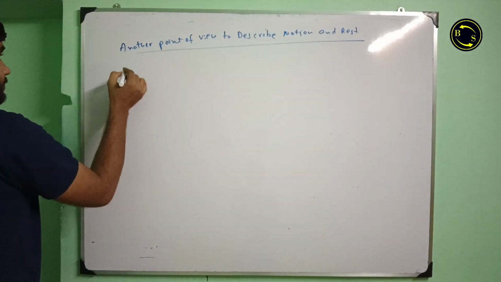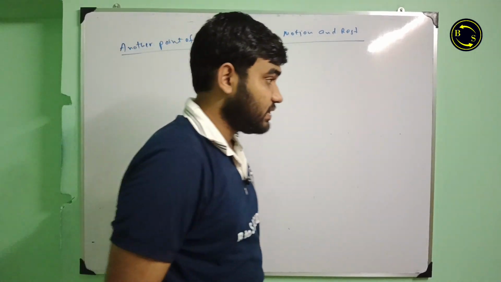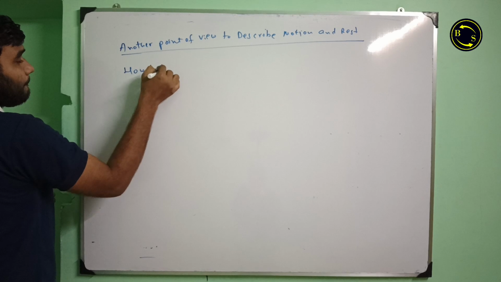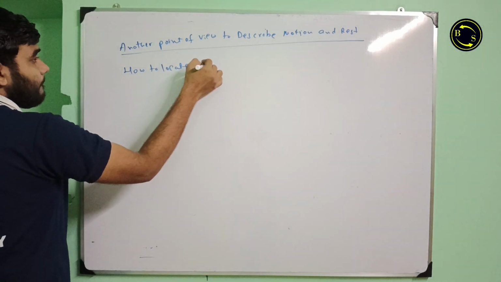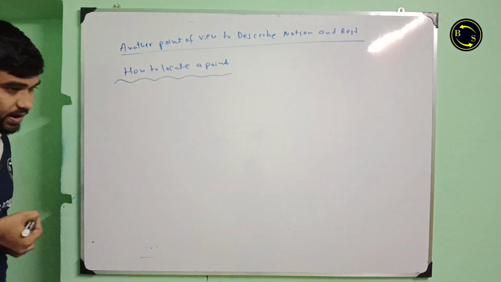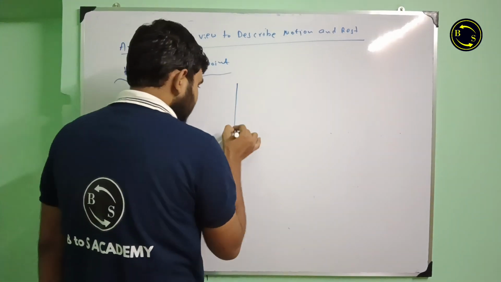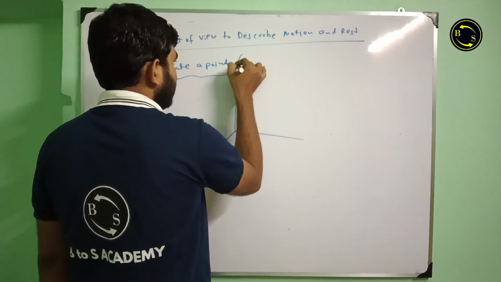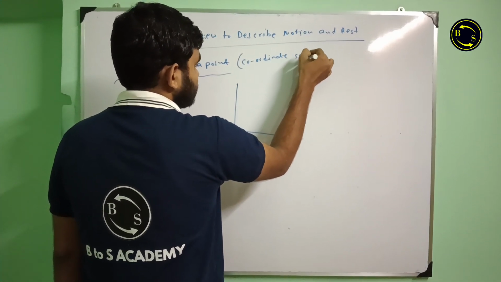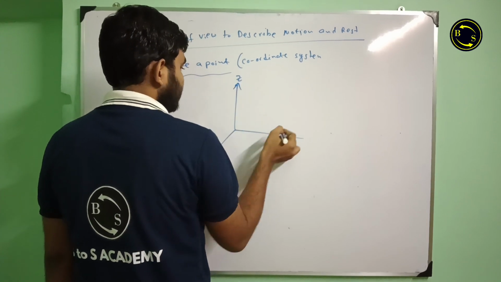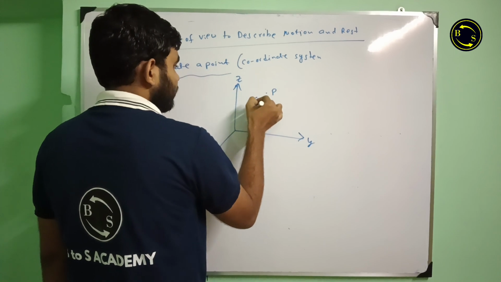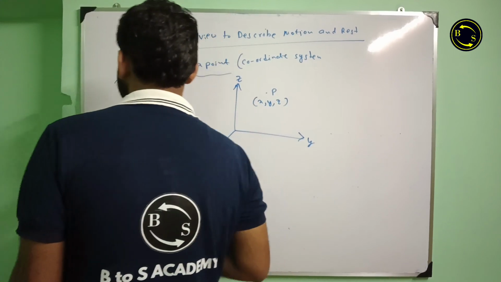Now, at first we should learn how to locate a point. If we want to locate a point, what is needed? We need a coordinate system. Okay, let this be z axis, y axis, x axis, and there is a point whose coordinate is x, y, and z.